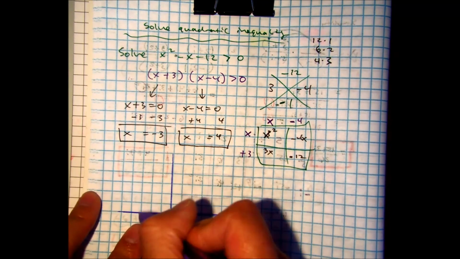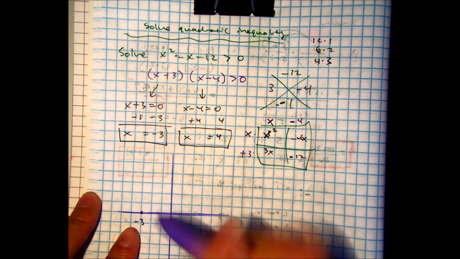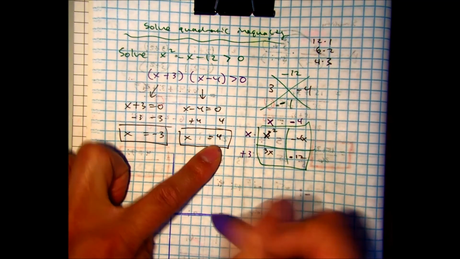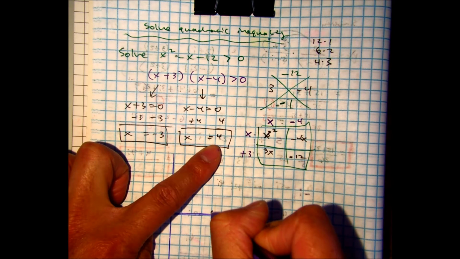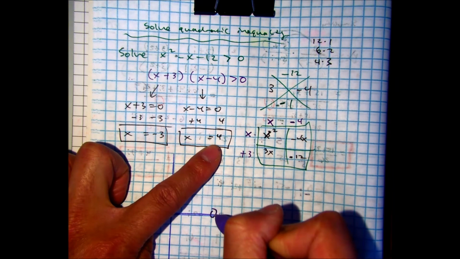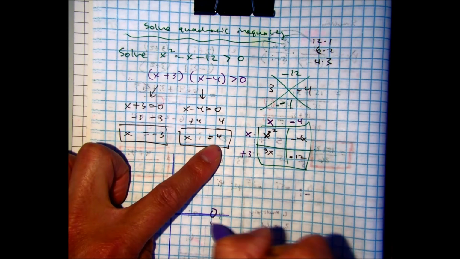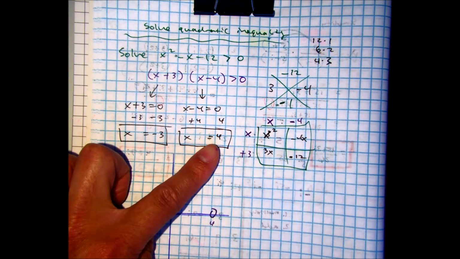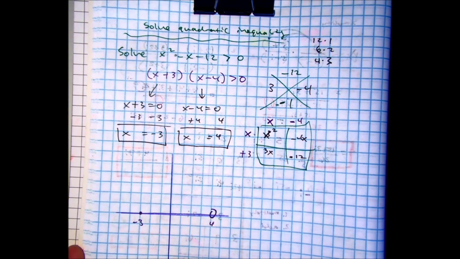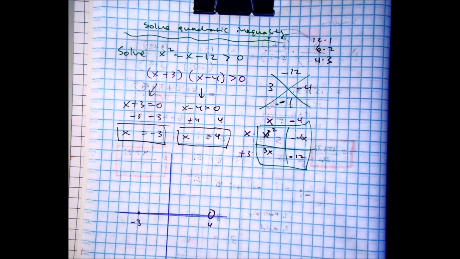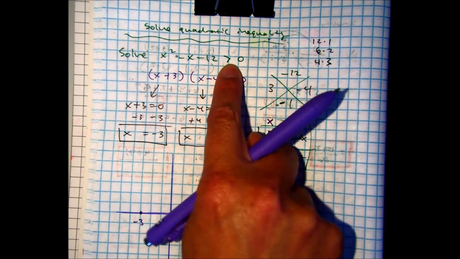So I have negative 3 and 4. Now pay attention. 4 is an open circle. Put your finger on why it's an open circle. You should have your finger here.